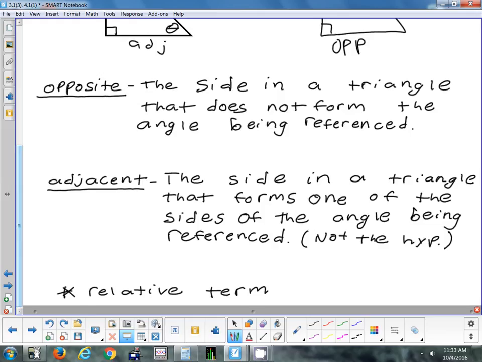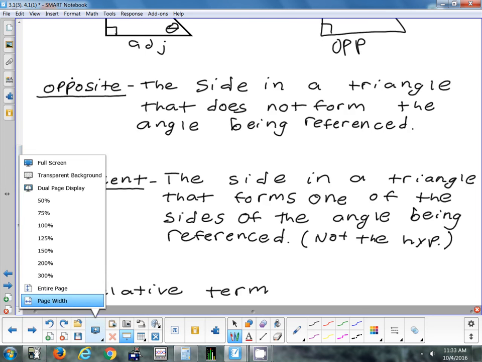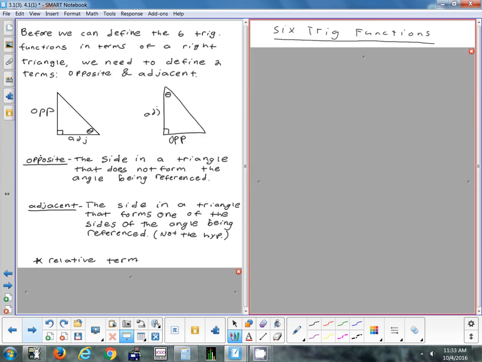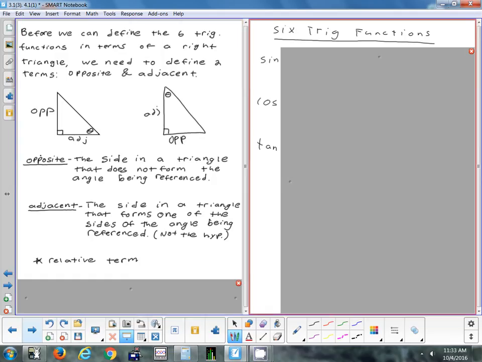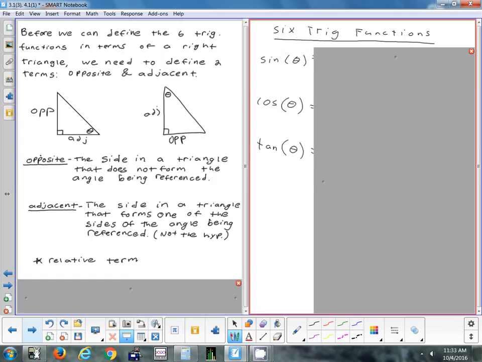All right, so now that we've got those two terms hopefully clarified, we can define our 6 trig functions. Rather than me going through them, I'm going to ask some people. If you've had geometry, you might remember it. Does anybody remember what sine is?